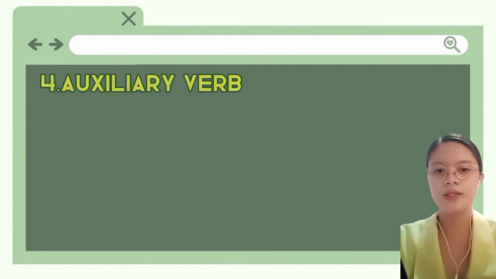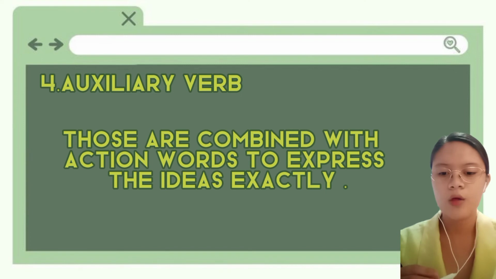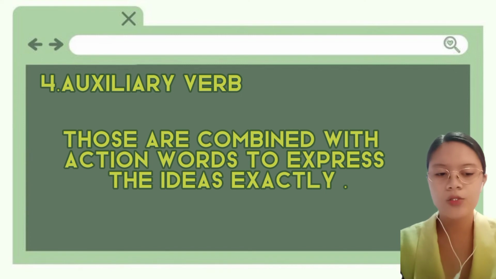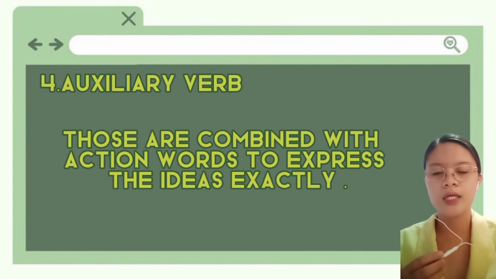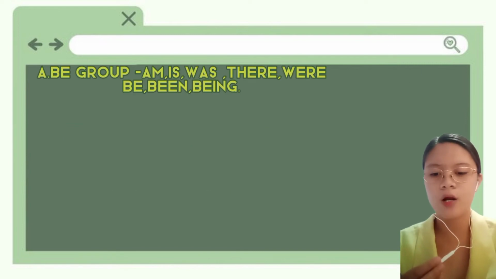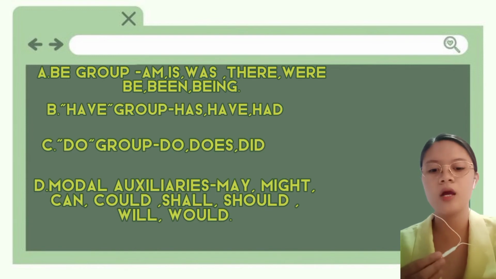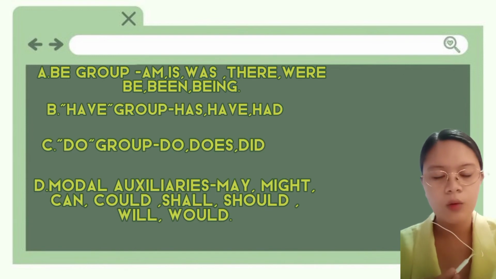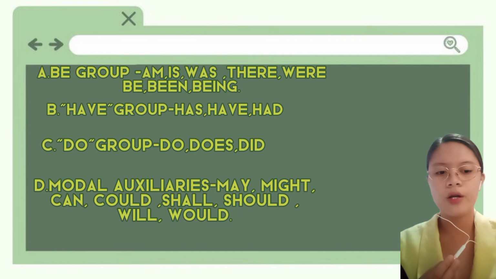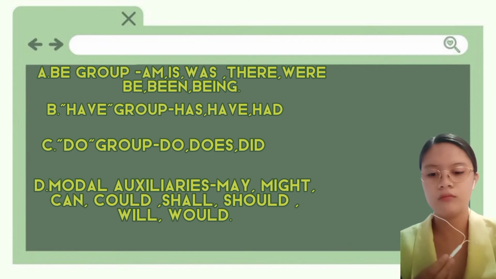So the last one is the auxiliary verb. Those that are combined with action words to express the ideas exactly. The four groups of helping verbs are, first, the be group. It includes is, was, were, be, been, and being.